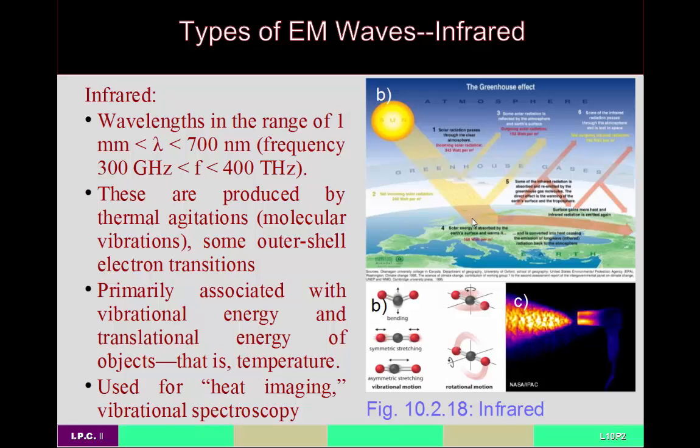Well, if the frequency shift is to infrared, then it hits the atmosphere and basically bounces off the atmosphere, hits the Earth, gets absorbed a little more, bounces off the atmosphere again, hits the Earth, warms up a little more, shifts a little more.